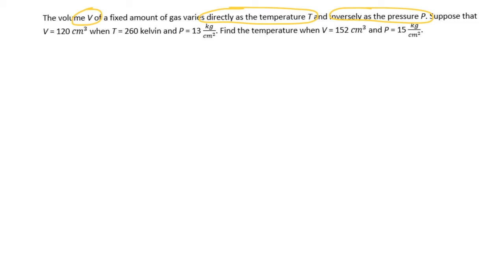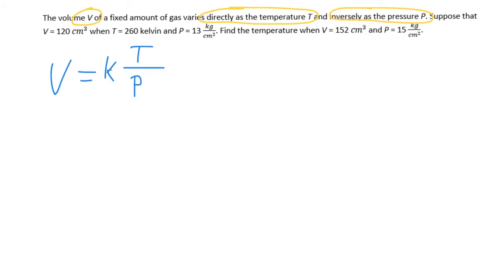So that means that the volume is equal to a constant, and since it's directly with the temperature, it would be K times T, but inversely with the pressure, so this would be over P. So this is a formula that tells us how the volume is related to both temperature and to pressure. So the volume of a gas is equal to some constant multiplied by temperature divided by pressure.